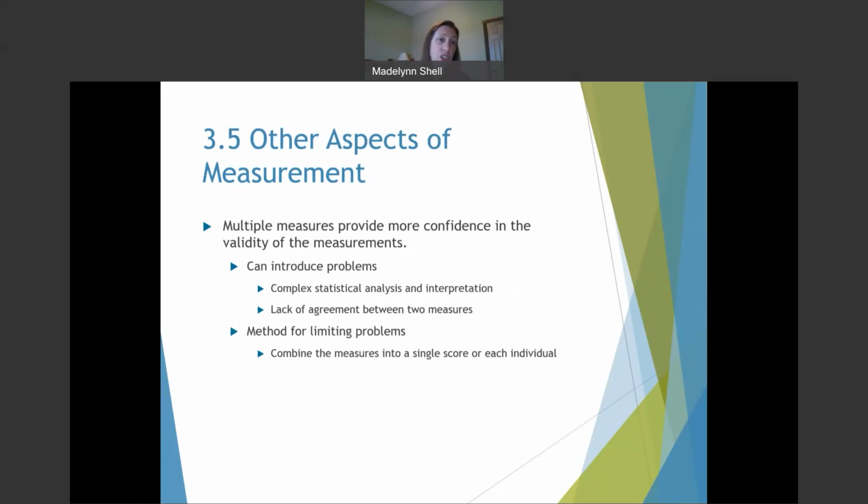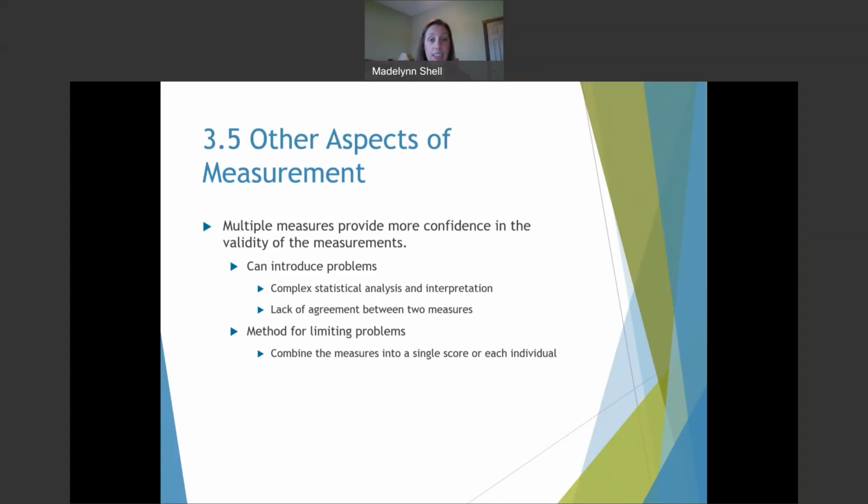One thing that we can do to compensate for the challenges of each measure is use multiple types of measurement. So if we do behavioral observations and self-report, if, for example, I'm interested in shyness, I observe kids' behaviors on the playground and record how much they engage with other kids. And I also ask those kids how shy and anxious they feel when they're engaging with other people.